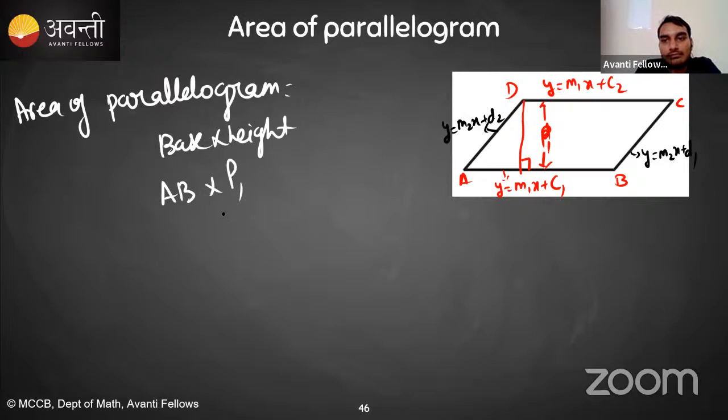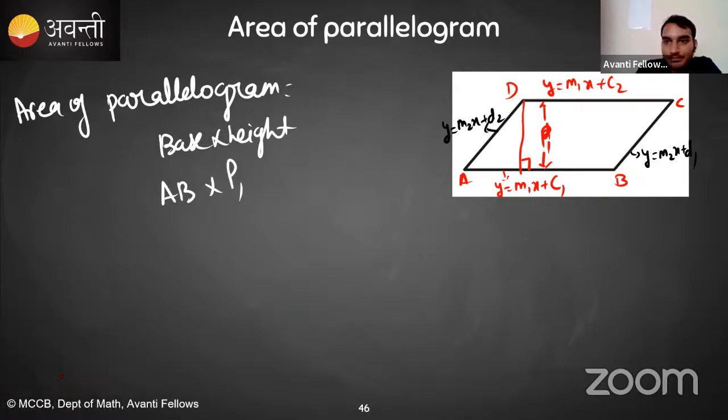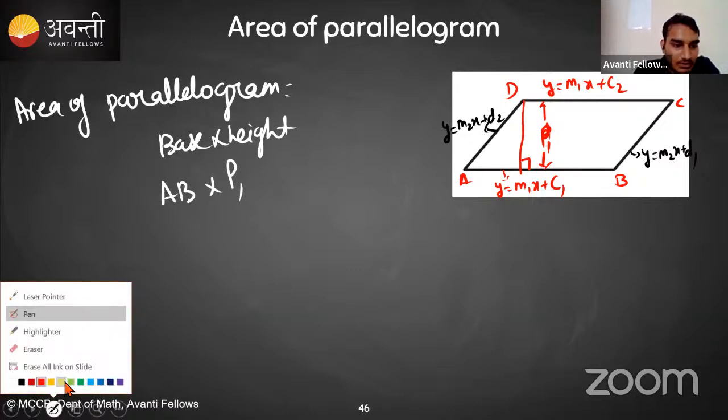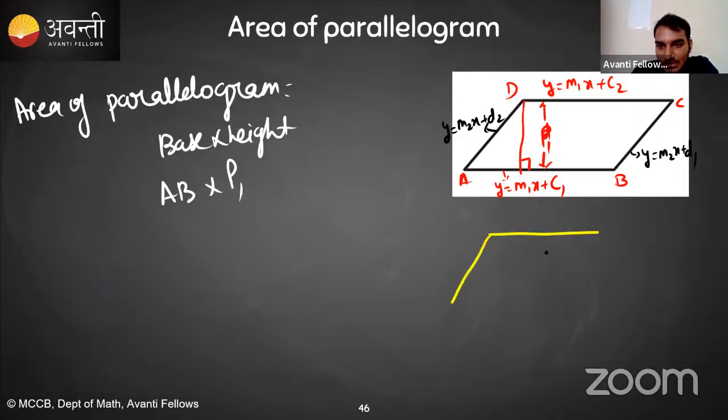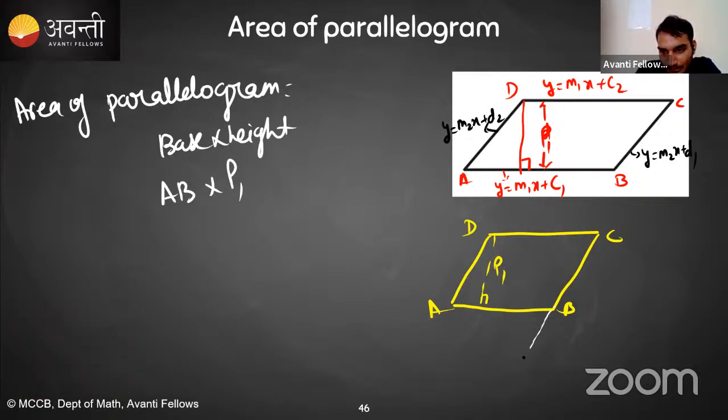Clear? Okay, chalo, if it is clear, now let's move ahead. This is your parallelogram ABCD, and this is the perpendicular distance p1. Now extend this and drop a perpendicular from A on this line, and call it p2.